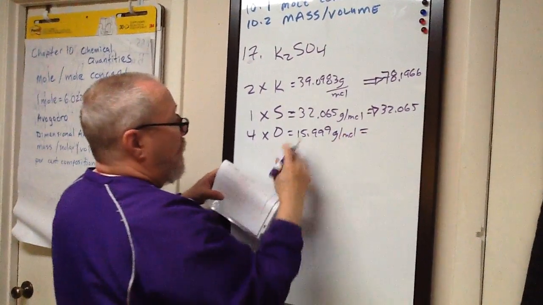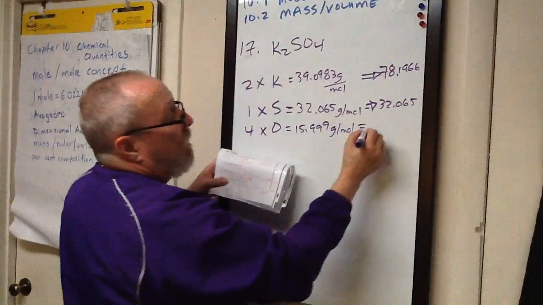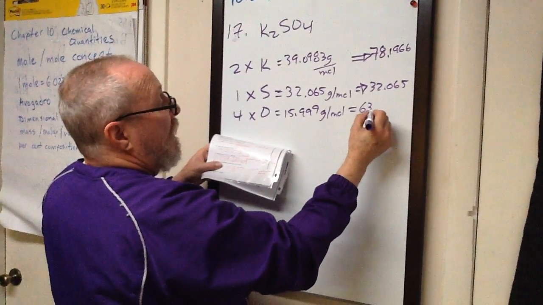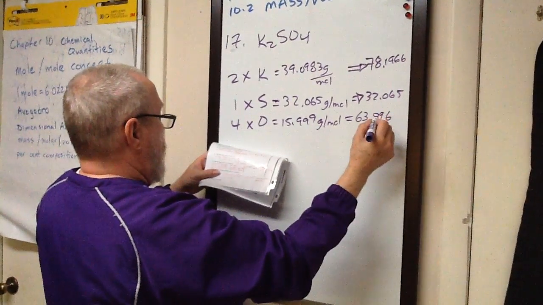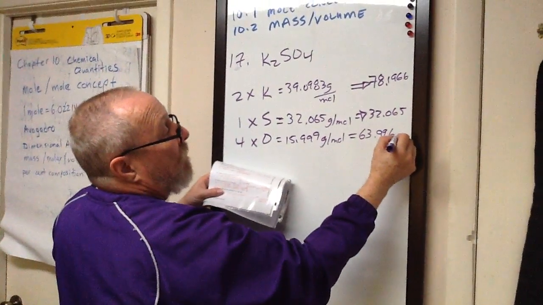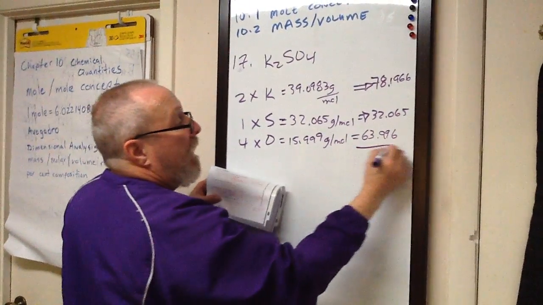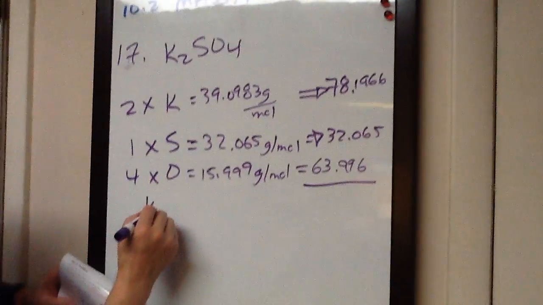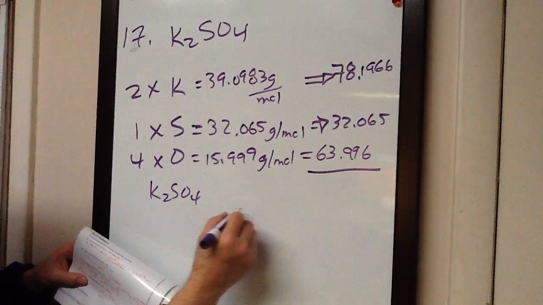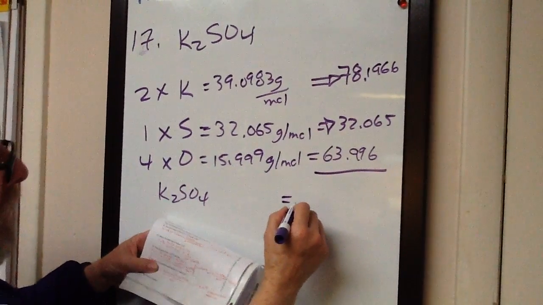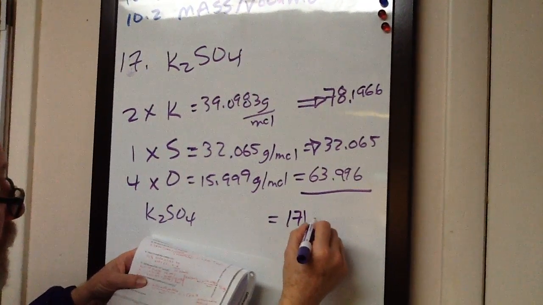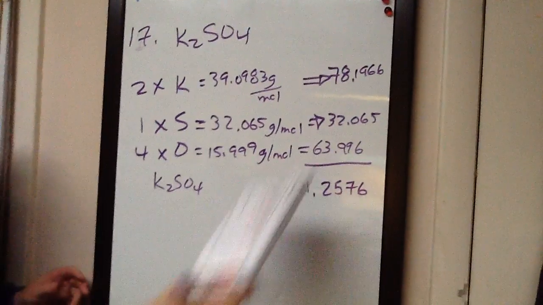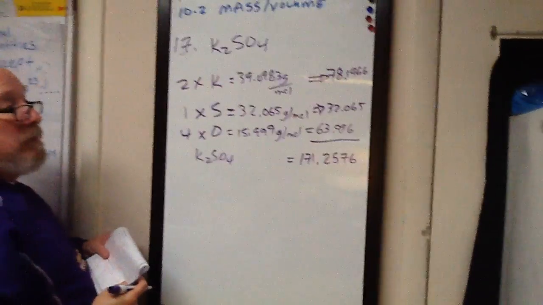And 4 of them, 4 times 16 would be 64, but with greater precision it would be 63.996 grams per mole. And so I add these up to get my molecular weight of potassium sulfate. K2SO4 has a molecular weight of 171.2576. And I can say it with that precision because we know these masses to that precision.